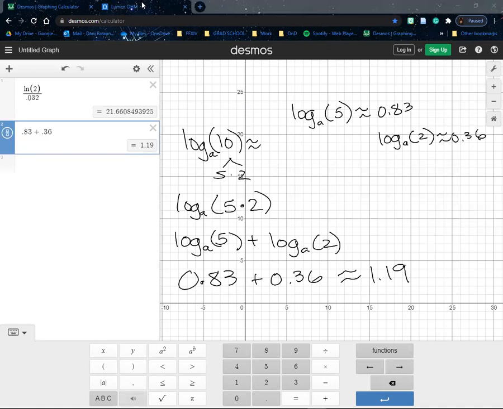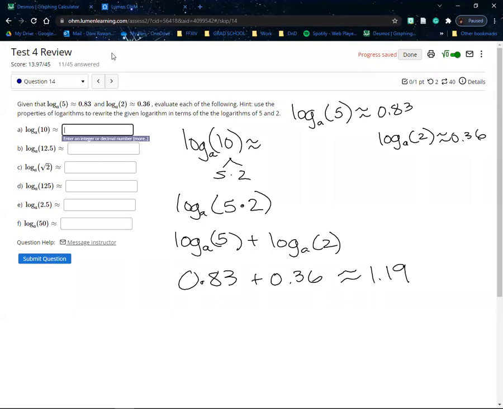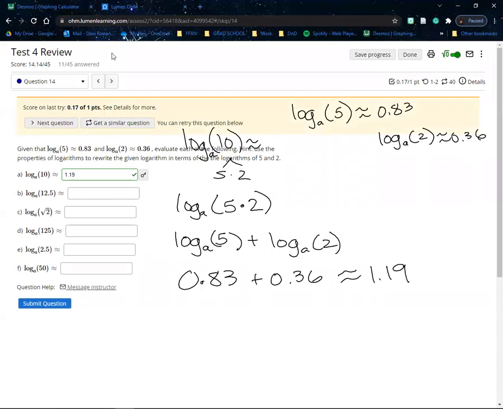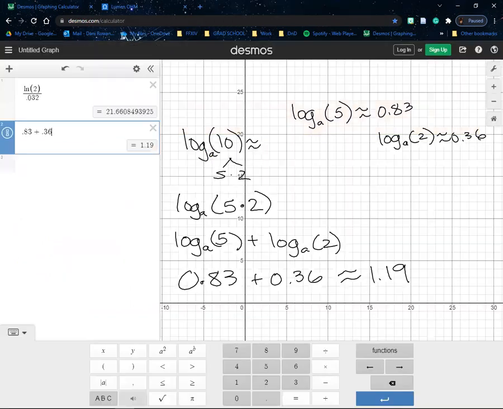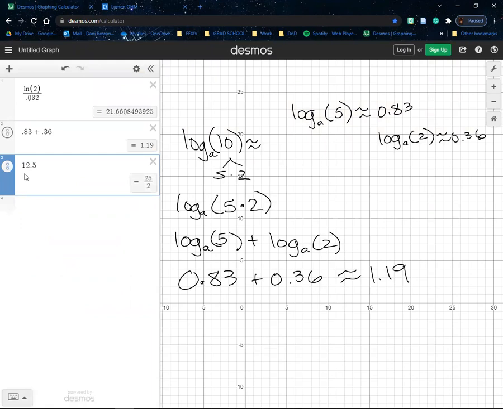And if you look, 1.19. There you go. Some of the ones that might be a little more difficult to see are like B, 12.5. If you put 12.5 into your calculator and change it into a fraction, you will see it as 25 over 2.